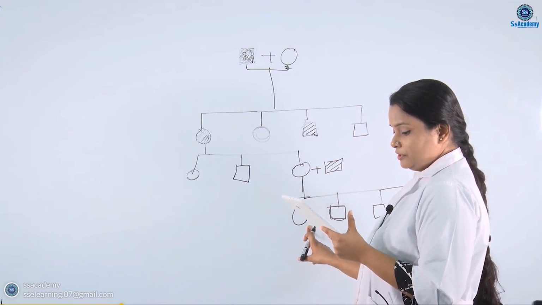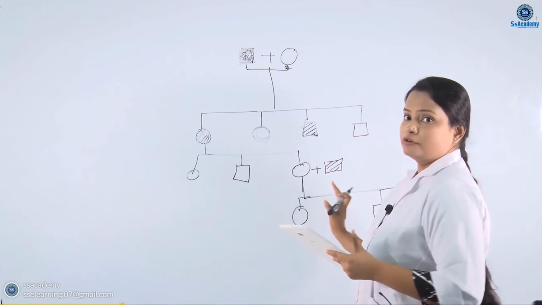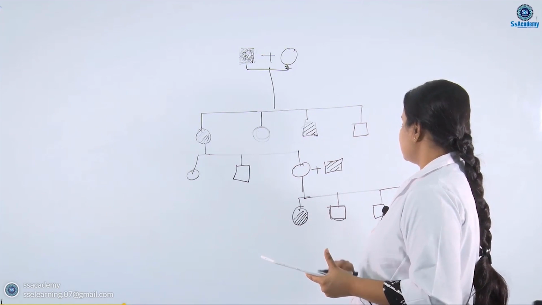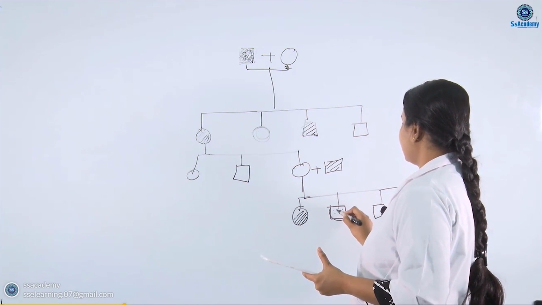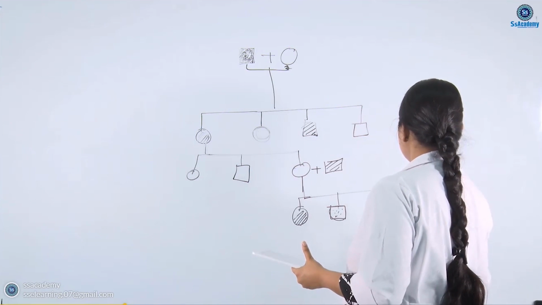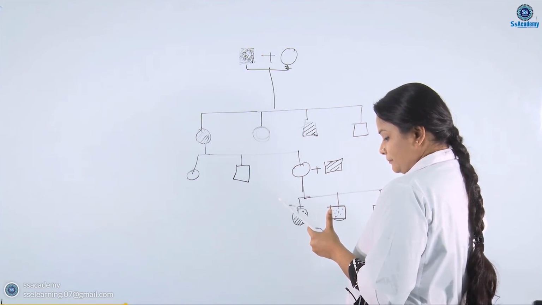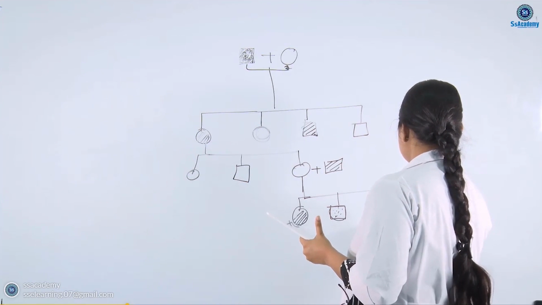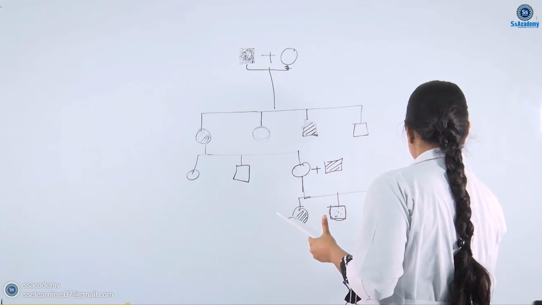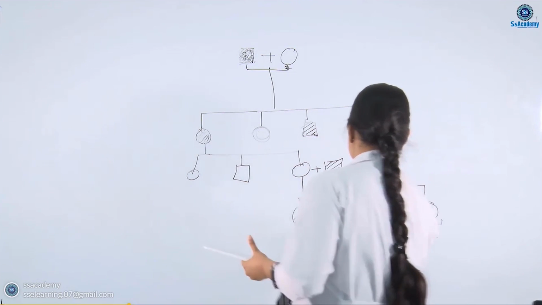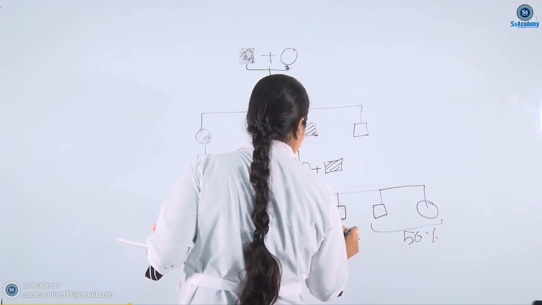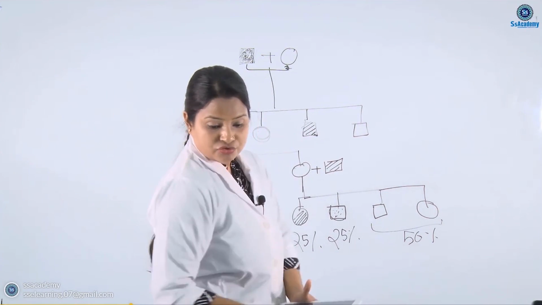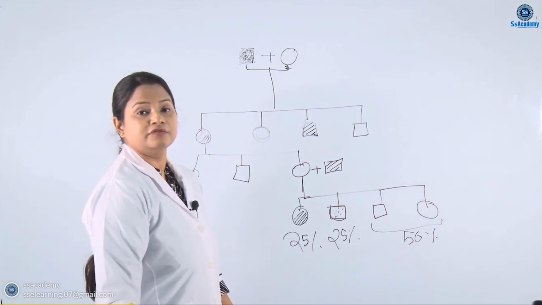If they have four children, one has the disease, one is a carrier, and the other two are normal. That is normal 50%, 25% carrier, and 25% disease. So this is important for you.